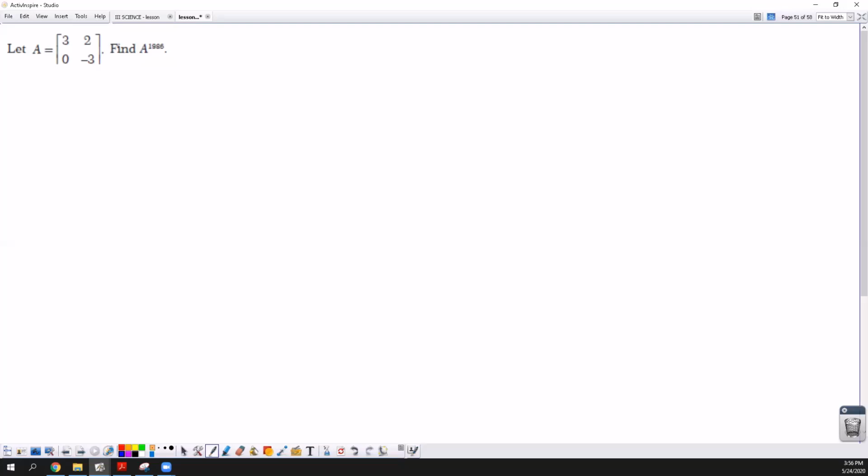All we need to do is first calculate A squared, which is A times A. When we multiply A by A, we will have 9, 0, 0 and 9.